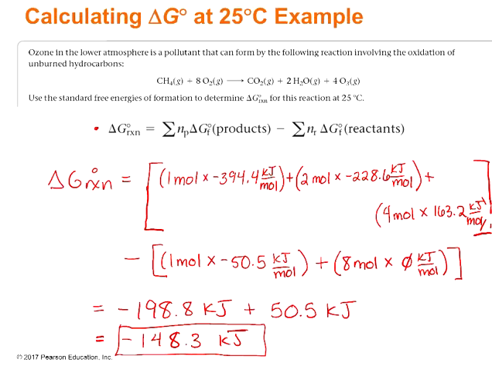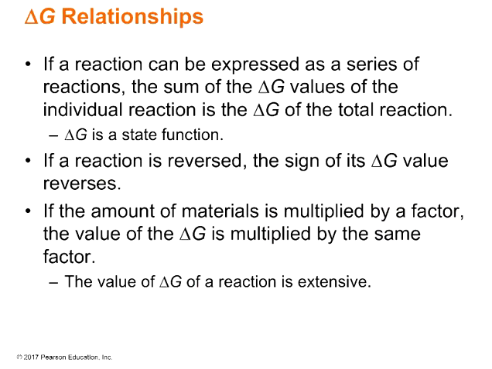All right. So now let's go over the last method. In the last method for calculating delta G, we can take a series of reactions in a reaction mechanism, and we can manipulate them in order to get to the overall reaction. But when we do that, we also have to manipulate the delta G of reaction for each individual step.